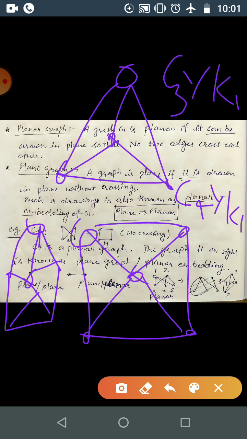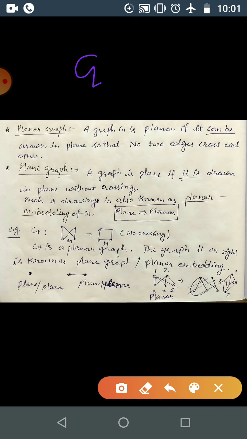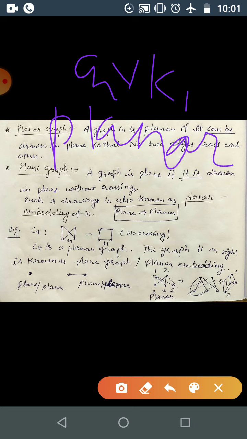So these all are planar graphs. So in general you can just say Cn join with K1 is planar, because it can be redrawn, or if it is not already drawn as a plane, it can be drawn as a plane graph. Okay, and this is known as wheel.